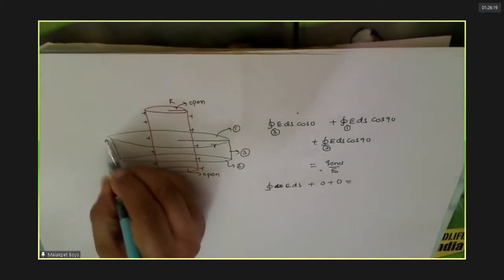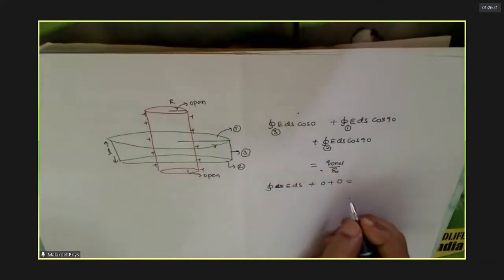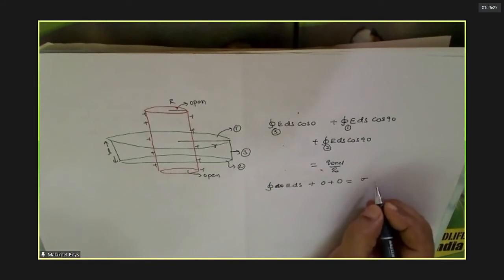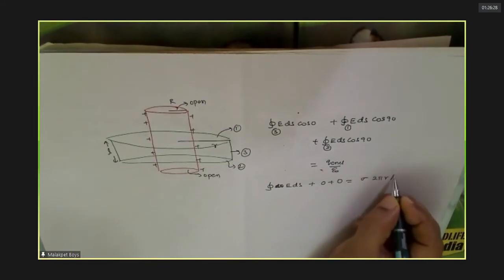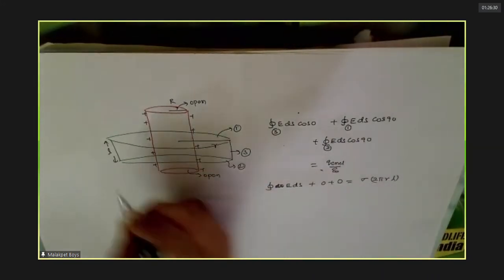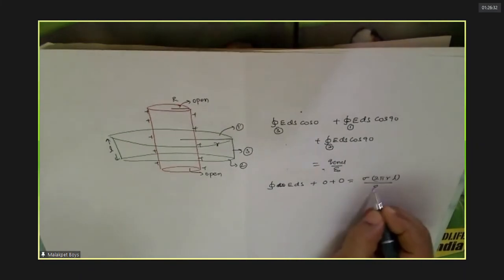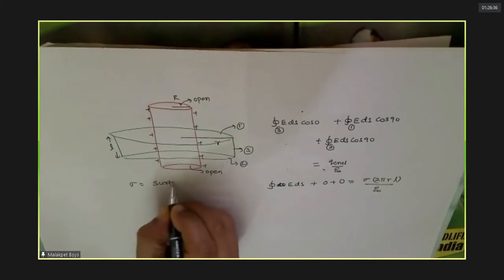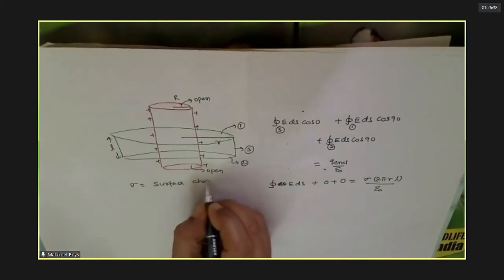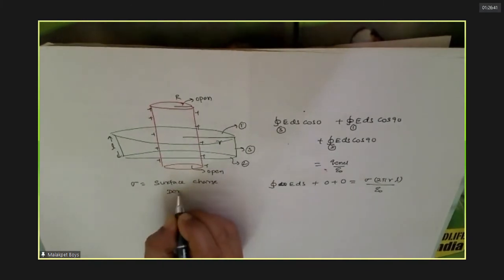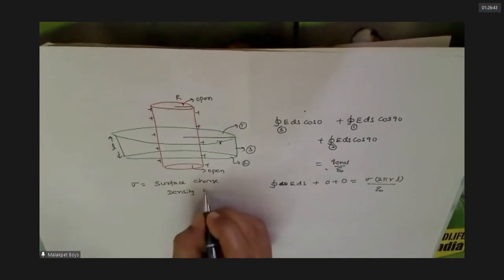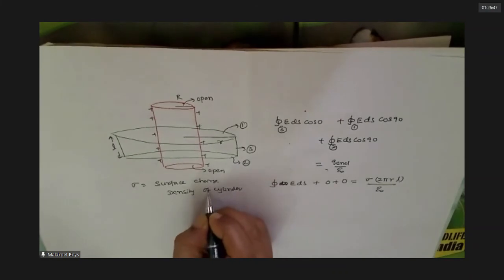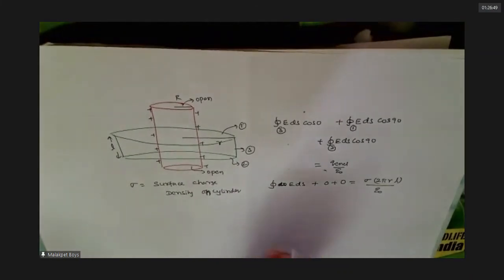Suppose this is L. You will get surface charge density into the length, no? Surface area is that only, no? Understood? Any doubt is there?